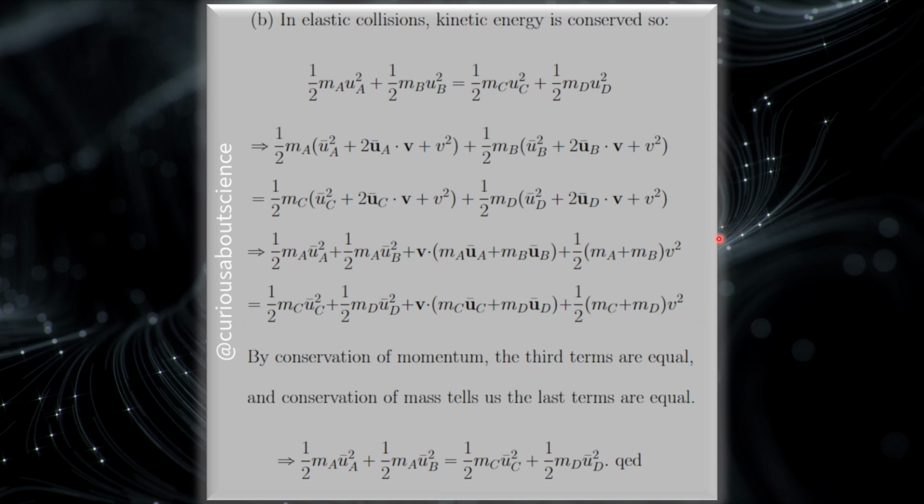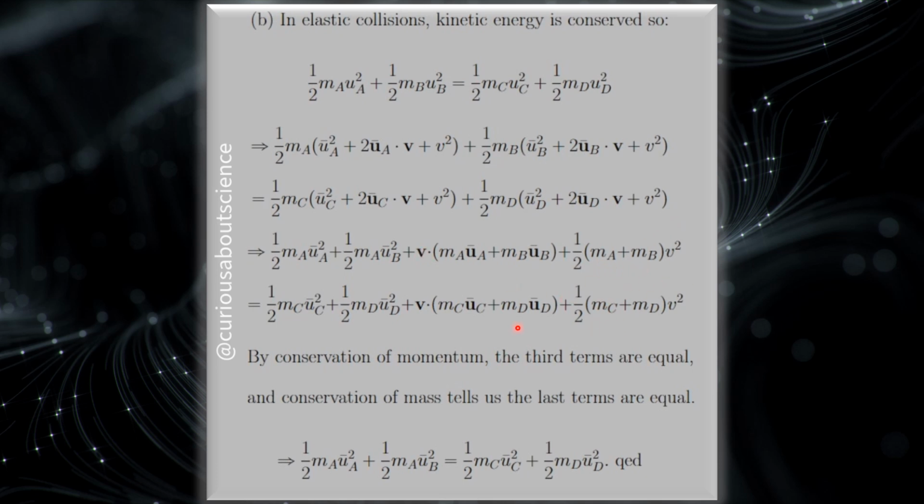Now, what we just showed is that momentum is actually conserved in the S bar system. So this quantity in the big parentheses is equal to this quantity in this parentheses, and they cancel on both sides. Wonderful. What we also stated in the last slide was that mass was conserved, so m_A plus m_B is equal to m_C plus m_D. So these two terms cancel.